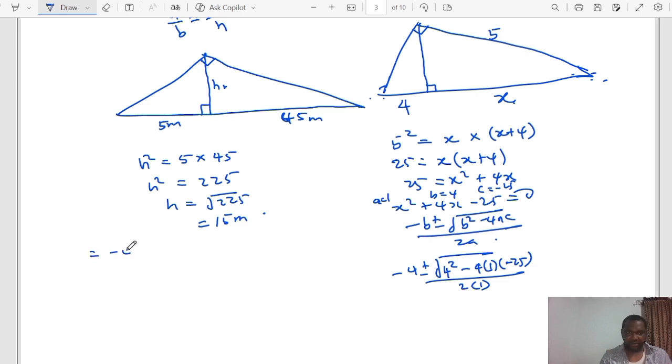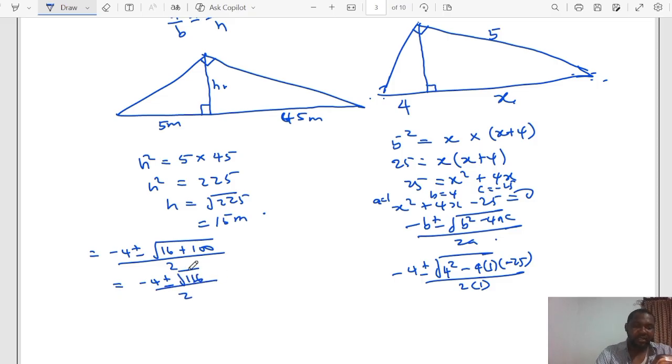So that would be minus 4 plus or minus the square root of 16 plus 100, all over 2. This is negative 4 plus or minus the square root of 116 divided by 2. Let me check on my calculator what the square root of 116 is. The square root of 116 is 10.77. So this is going to be minus 4 plus or minus 10.77 divided by 2.